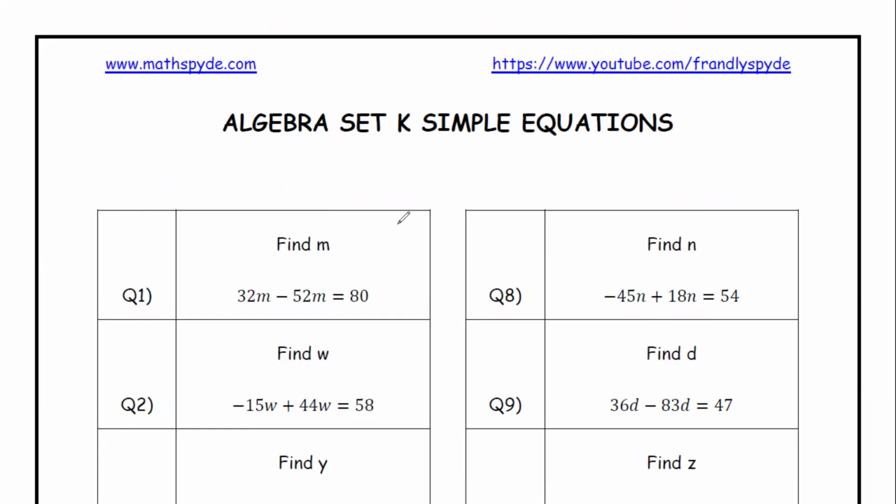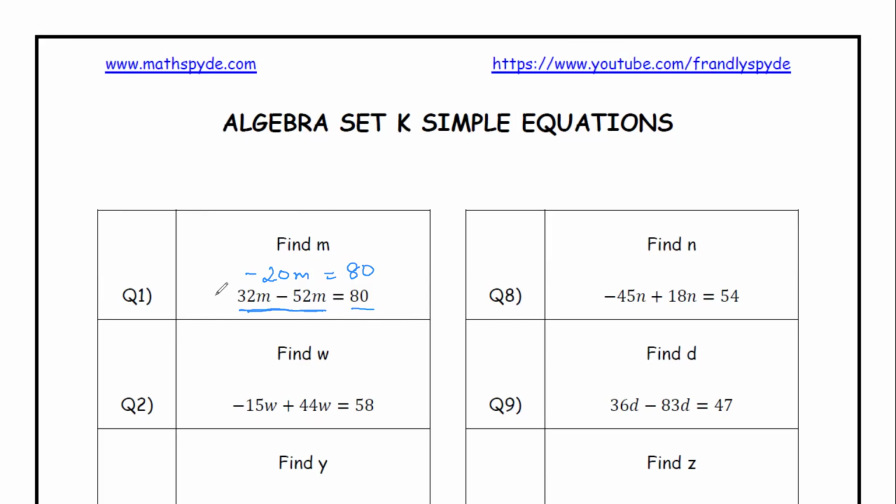Find m. Now, you already know that in simple equations, we separate the variable numbers from the non-variable numbers. In other words, the variables from the constants. This is already separated for you, and it's a basic subtraction question. 32 minus 52 is negative 20m, which is equal to 80.